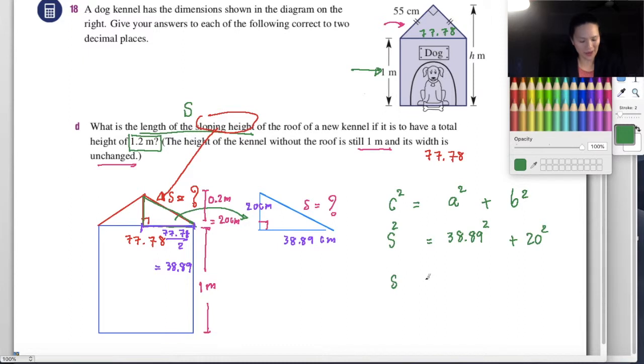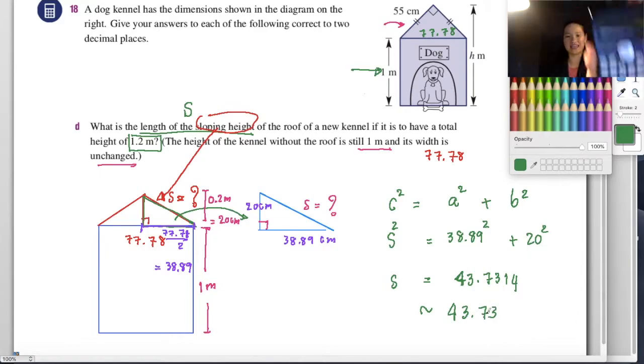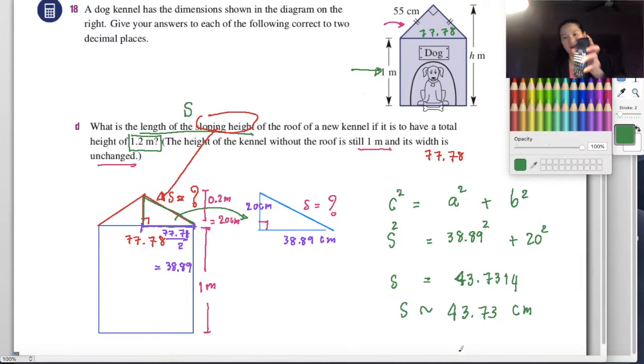Finally, I got the slope height equal to 43.14, or approximately 43.73 centimeters. And this one is your answer.